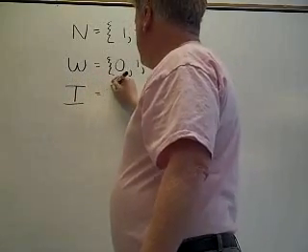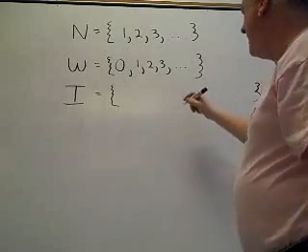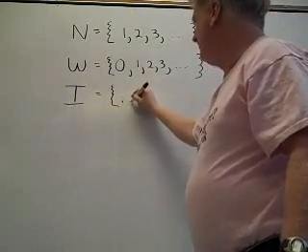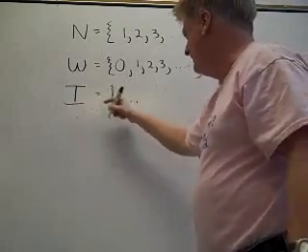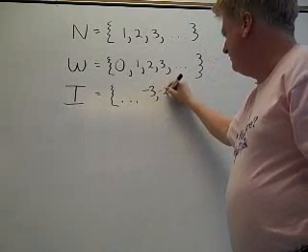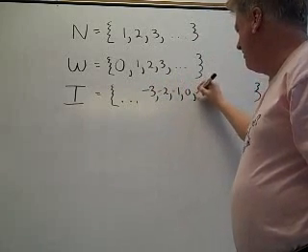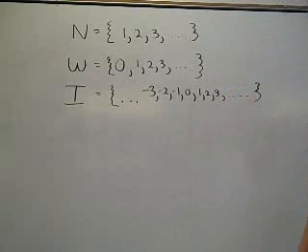So we have all the numbers that are in the whole numbers plus their opposites. This goes on forever in the negative direction too. We have -3, -2, -1, 0, 1, 2, 3, and it just keeps on going, 4, 5, etc.